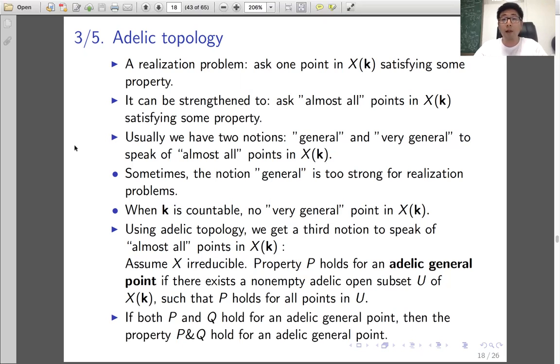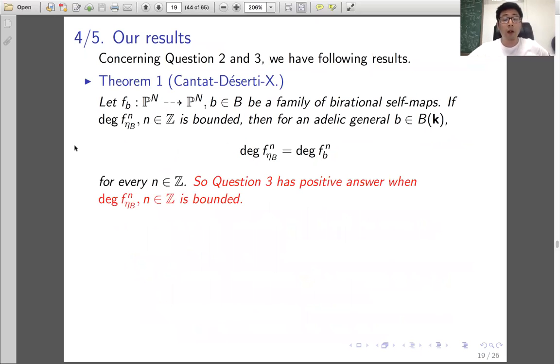So this gives us a way to split a problem into some easier problems. Okay, now we want to present our results concerning question 2 and 3.